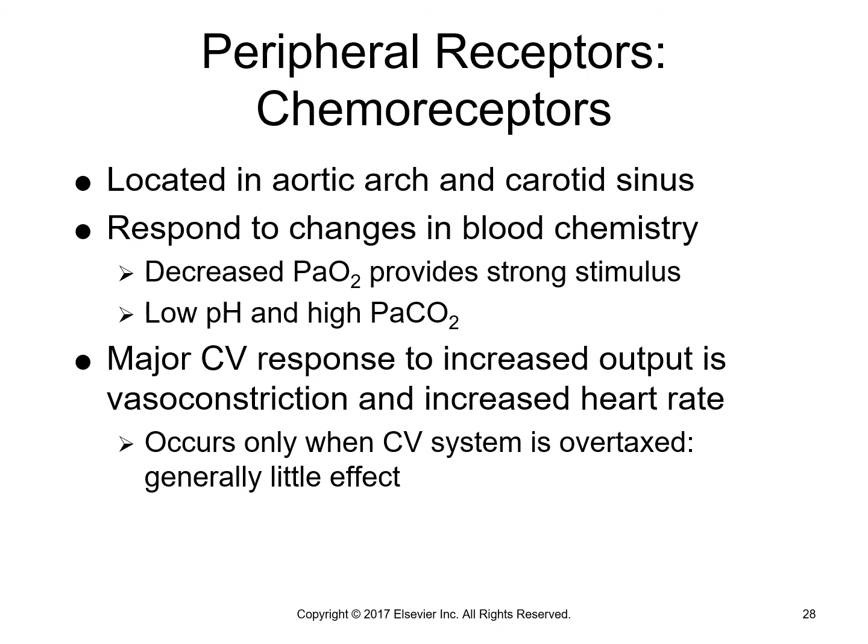A decreased PaO2 provides a strong stimulus, and a low pH and a high CO2 also stimulate an increase in the heart rate and respiratory rate, and increased output by vasoconstriction. Generally, chemoreceptors usually have little influence under normal conditions, just as a side note. This usually only happens when it's overtaxed.